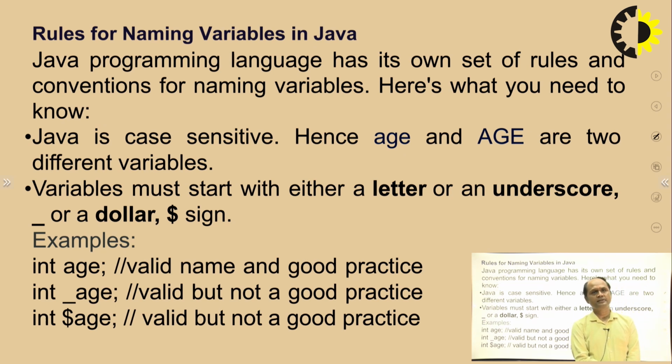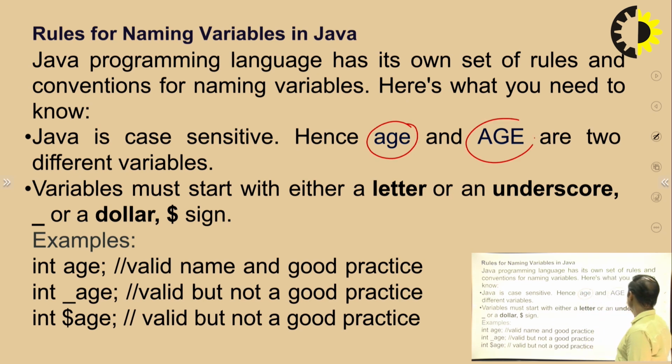Java is a case sensitive language. We can use age and Age. If we assign this age and this Age, these are two different variables, not the same variable, because it is case sensitive. If we use a capital letter, then it is different. If we use small letters, then it is different.